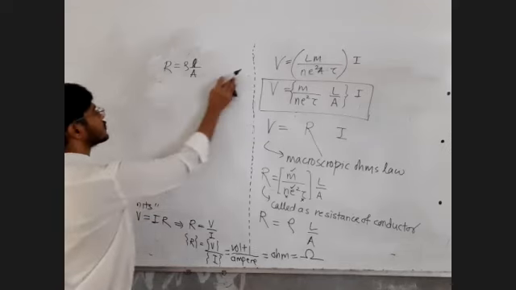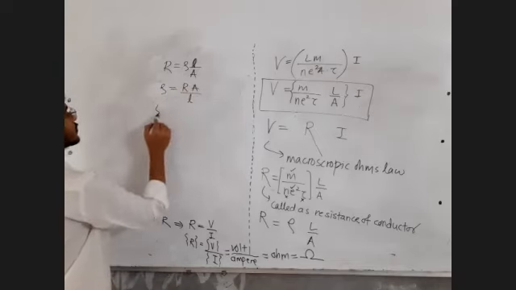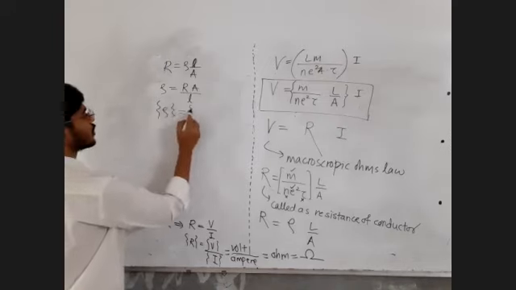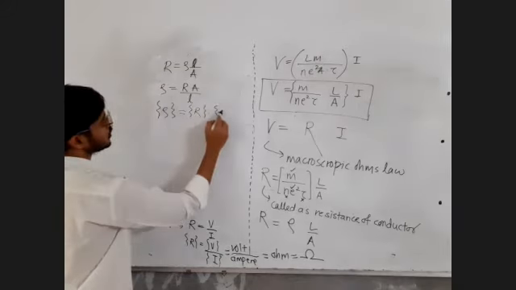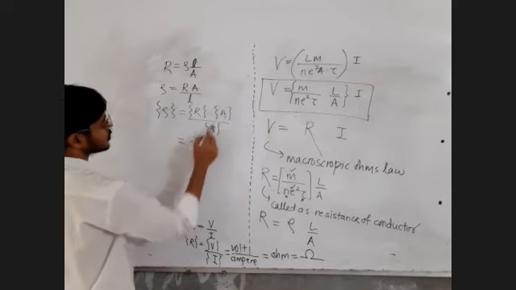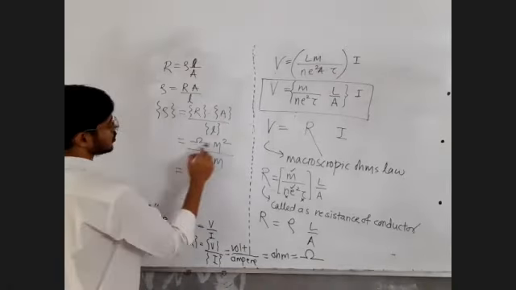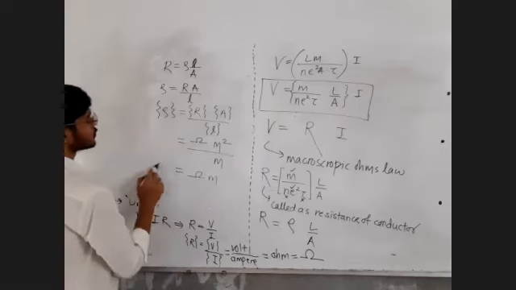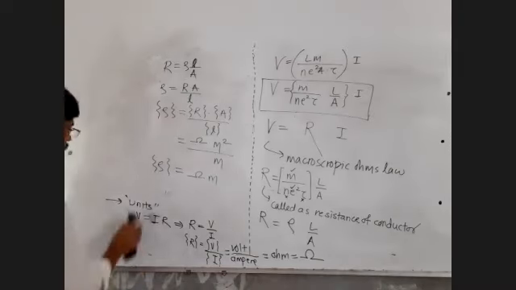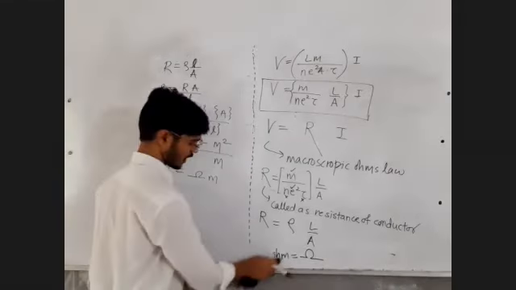Rho is equal to RA upon L. Unit of rho is equal to unit of resistance into unit of area divided by unit of length. Unit of resistance is ohm, unit of area is meter square, unit of length is meter, so ohm into meter. Ohm meter, or ohm centimeter sometimes they use. I use ohm meter, SI unit.